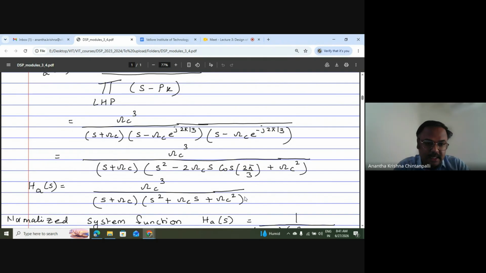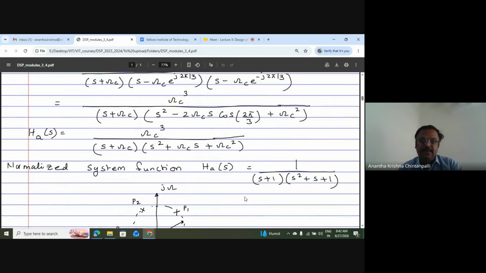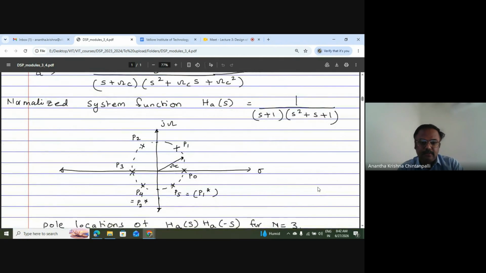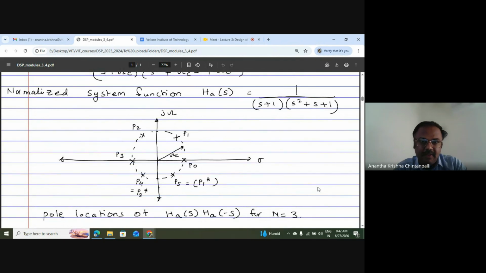So this is the system function for the Butterworth low pass filter for n equal to 3. Now, if I want to compute the normalized system function, just substitute omega c equal to 1. Finally you're going to get this expression as 1 divided by s plus 1, s squared plus s plus 1. I hope so far it is clear to you what we have discussed.